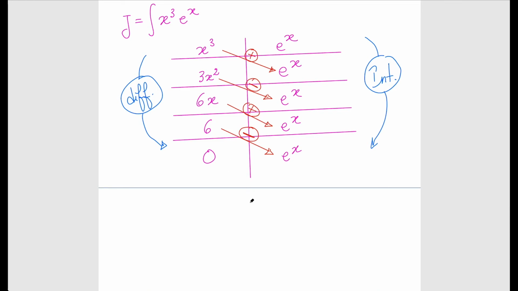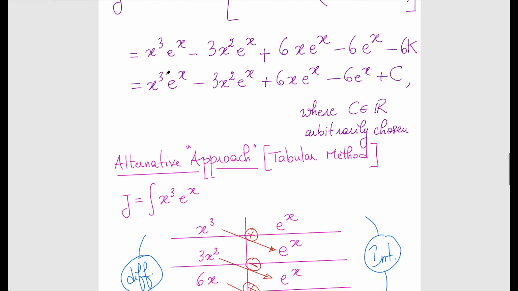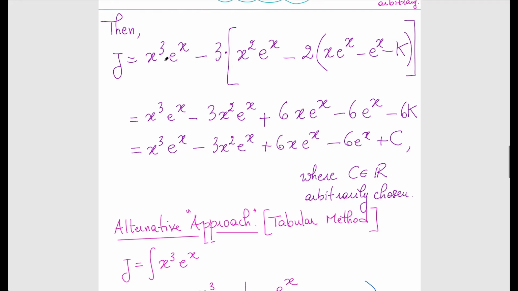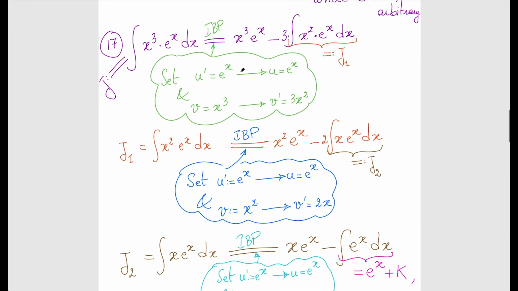All right. So J then is equal to x cubed e^x with a plus sign. So plus x cubed e^x. Okay, so that's this term. That's this term, correct? Which was coming from whenever we did the long process.